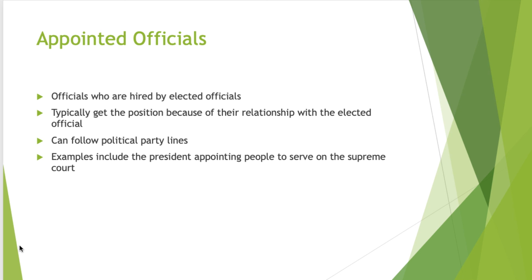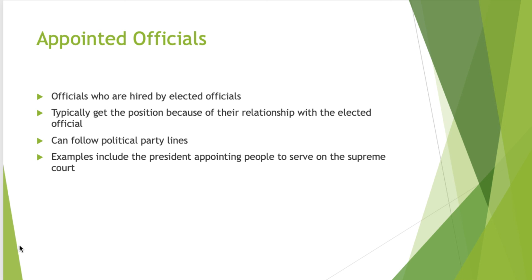So these are officials that are hired by the elected officials. And you typically get an appointed position because of your relationship, whether it's personal or professional, with the elected official. You have to have that relationship, or else he's not going to appoint you if he doesn't know you.